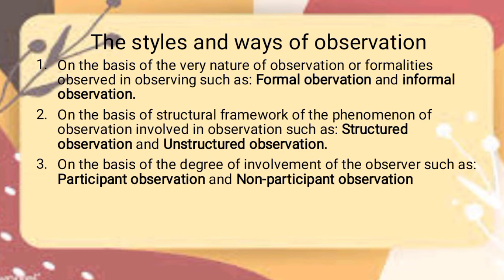Formal observation is a type or style of observation carried out in quite a formal way, by observing the necessary formalities like providing information to the individual or individuals about the nature and purpose of the observation, the date, timing, and place of observation, and also the names and introduction of the observers.